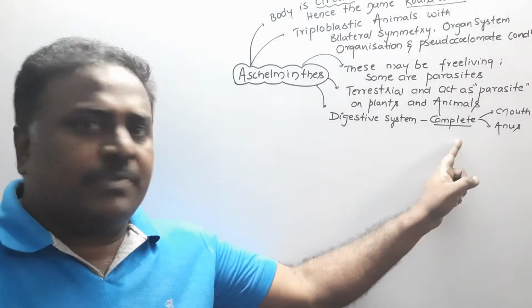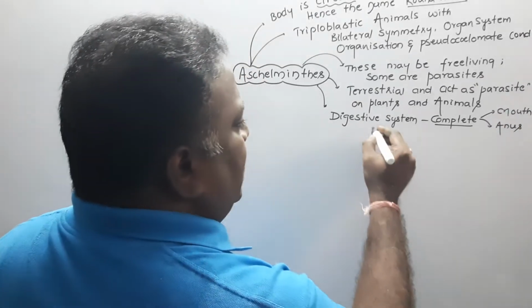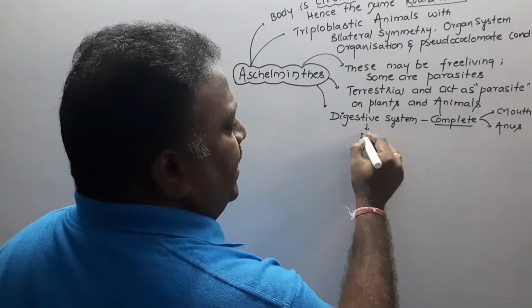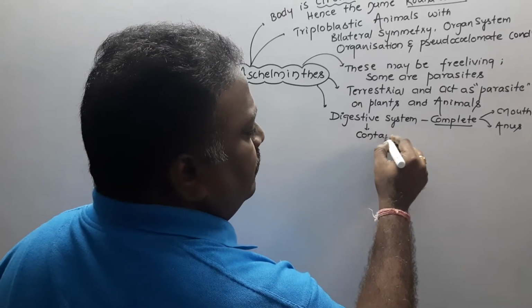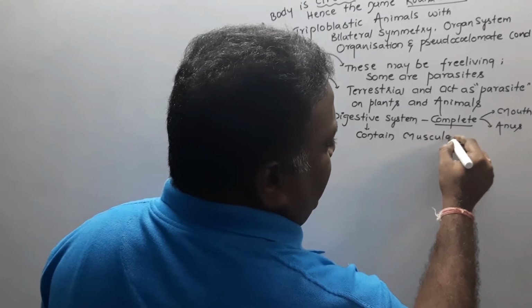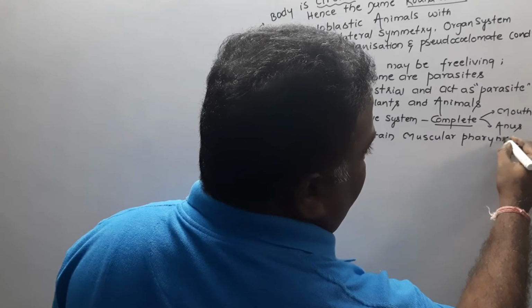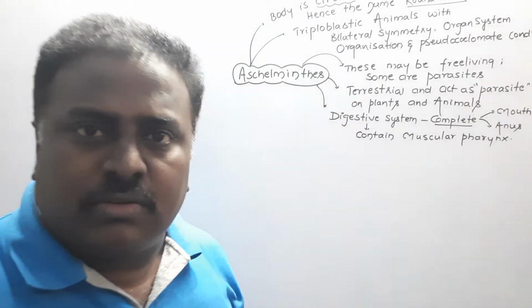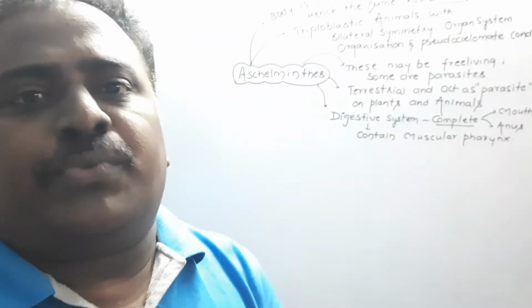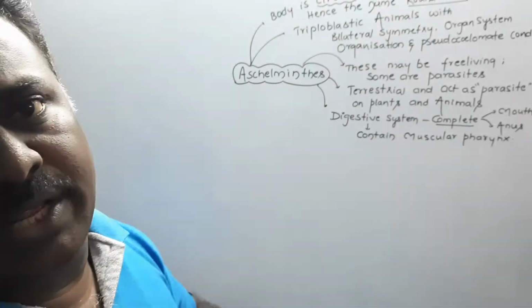The digestive system is complete with both mouth and anus. It has a muscular pharynx. Sir, you are clearly saying that the pharynx is muscular? Yes. It is a well developed alimentary canal with muscular pharynx, meaning the only part of the alimentary canal which is highly muscular is the pharynx. All the remaining parts are non-muscular.